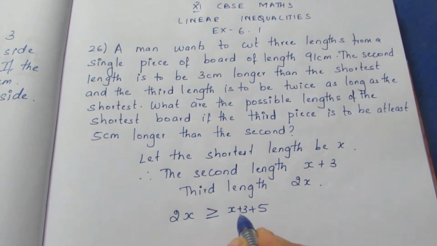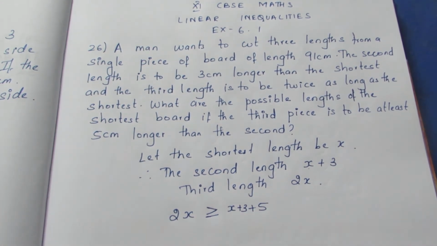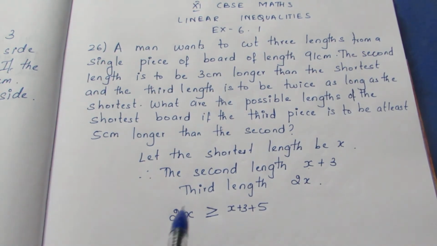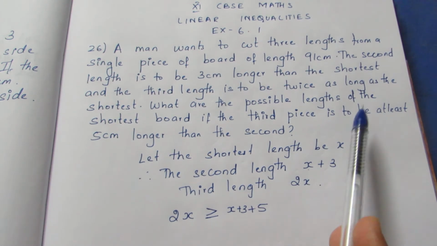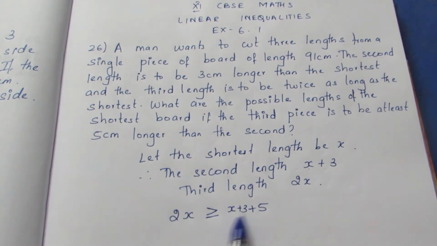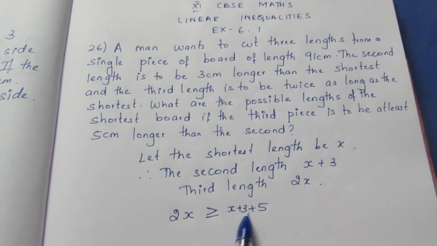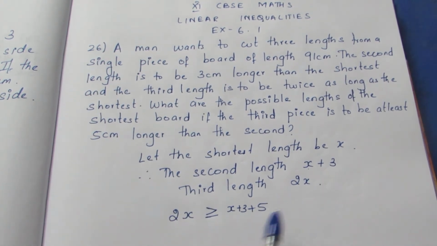Here the second one is x plus 3, plus 5. The condition given here is the third length can be the same as this length, or more than that length. So it can be more than the second one plus 5 centimeter. Here the second is x plus 3.